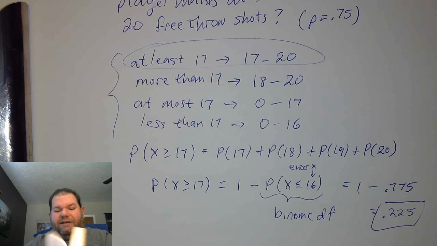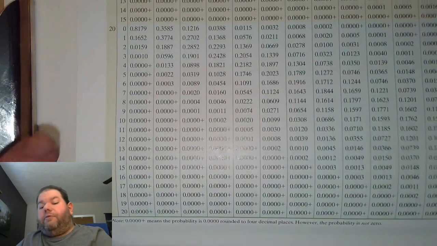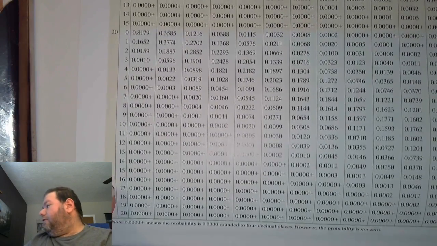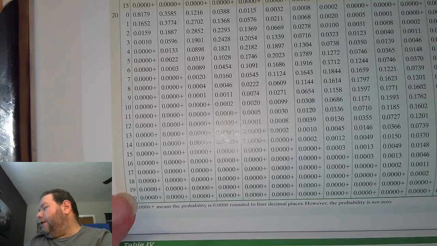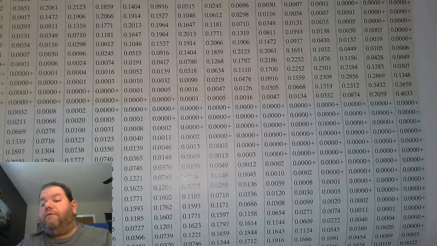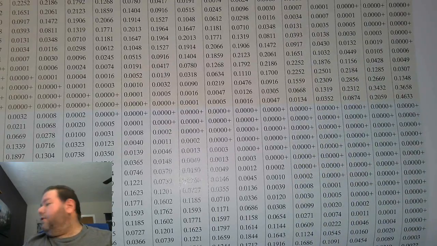So again, we have n is 20. Now we want 17 through 20, these last four numbers. So we go over to the column where we have 0.75 success, which is this column right here.